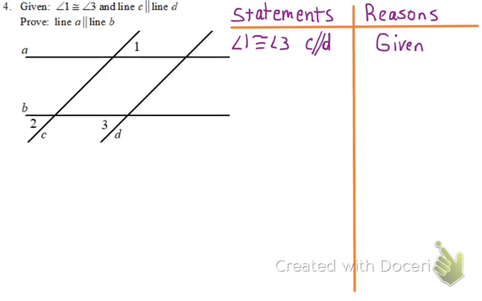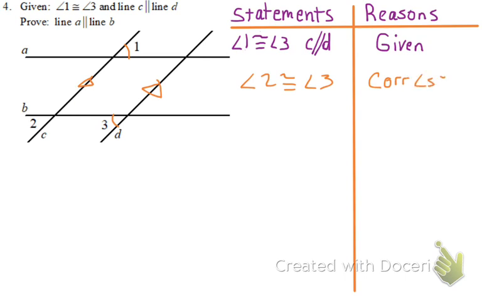All right, we'll do one last proof. Given information: angle 1 is congruent to angle 3, and line C is parallel to line D. Because C and D are parallel, we can say angle 2 is congruent to angle 3 because those are corresponding angles.